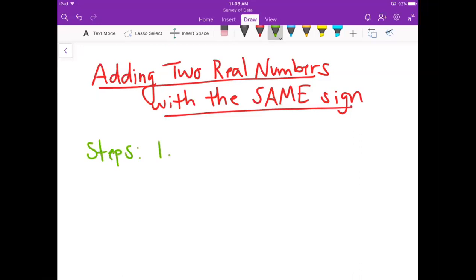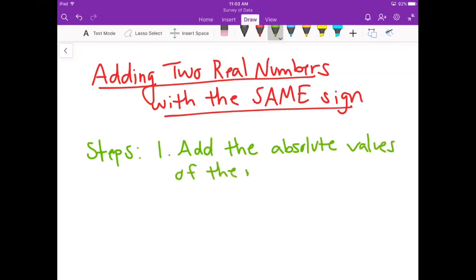The key here is, again, to be able to understand how to do this without having to plug it into your calculator. So the first thing you're going to do is think about those two numbers without the sign. So add the absolute values of the numbers, which is the easy thing to do because absolute values are always positive.